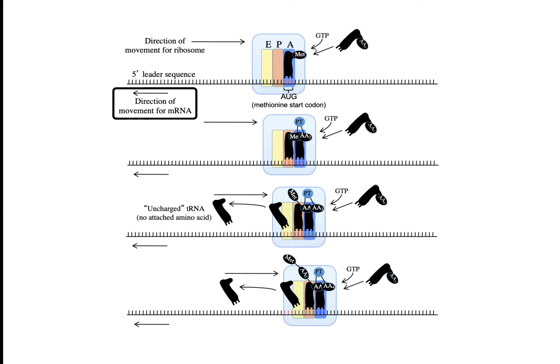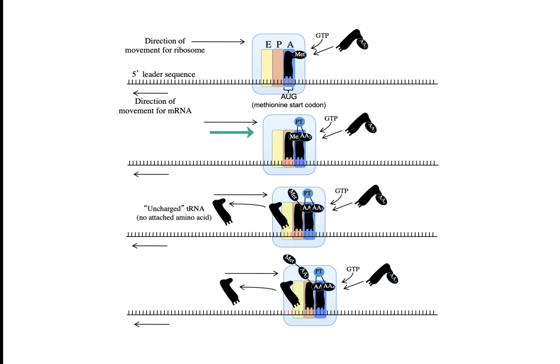Either way is fine. So there's the E, P, and A sites. So when there's an AUG start codon, the initial tRNA binds to the codon with its anticodon, carrying a methionine, usually. Not always, but usually.